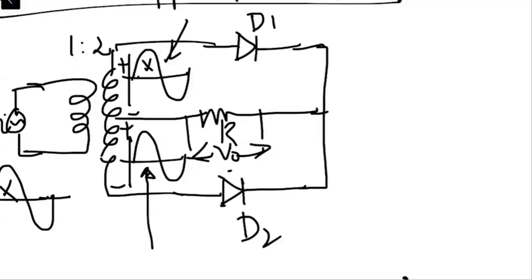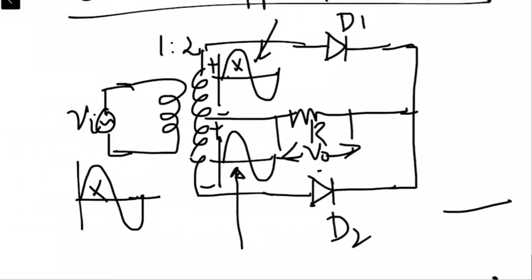So we were in the beginning of the center tapped rectifier circuit. In that, we have the primary and the secondary winding, and the turn ratio is 1:2. This means the secondary is going to be double of the primary.